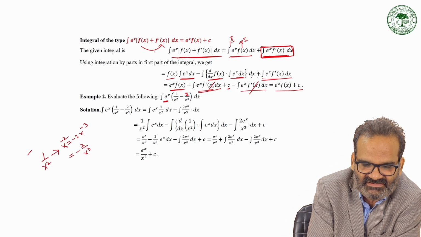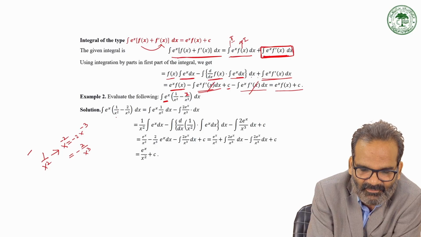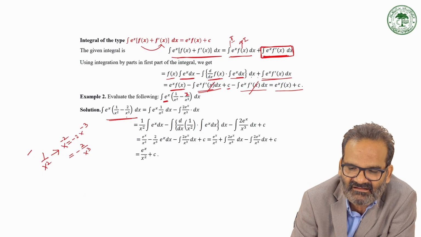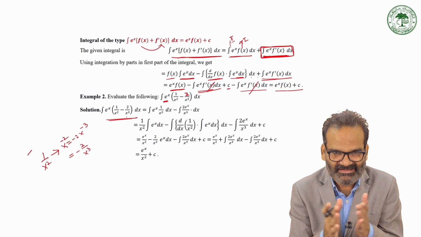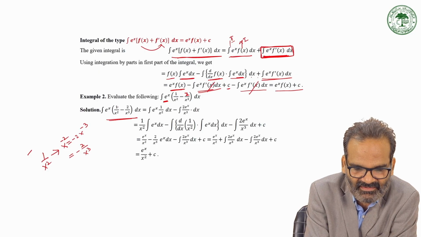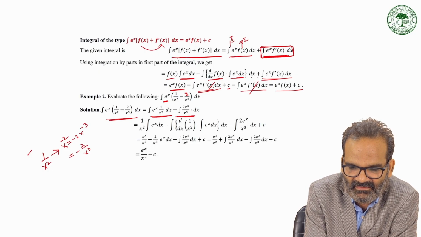See how we will solve it. e raised to power x into 1 upon x square minus 2 upon x cube. This is our original function. So what we will do, we have seen just earlier. First we will write it down in two parts. The two parts are e raised to power x 1 upon x square into dx, this is our first part, and this is our second part.